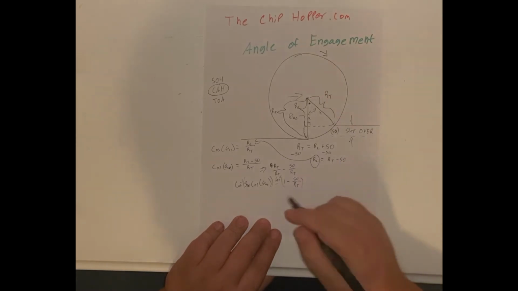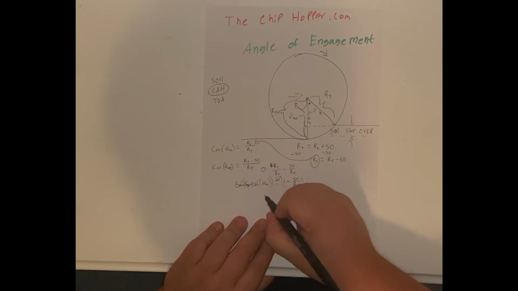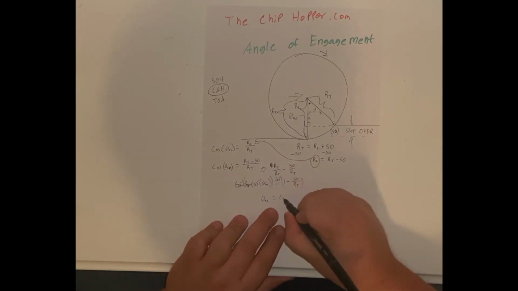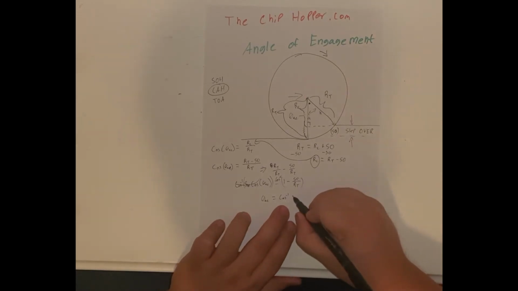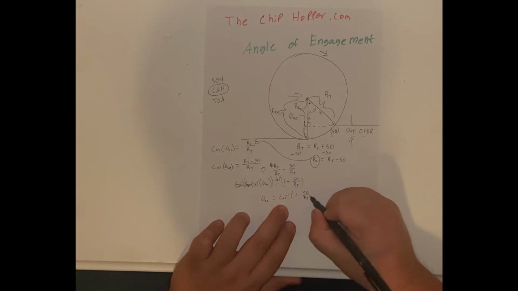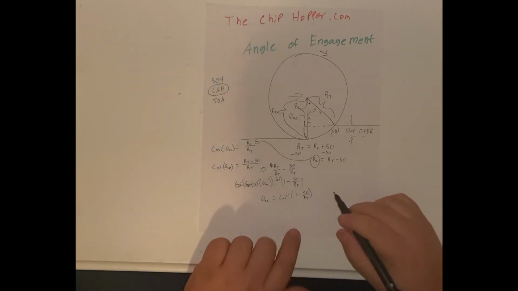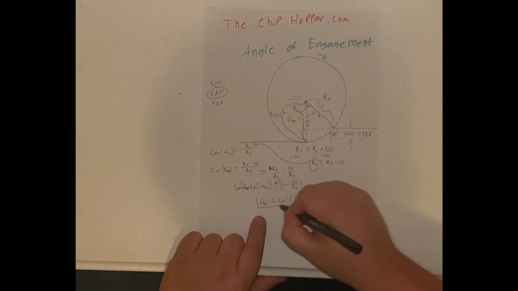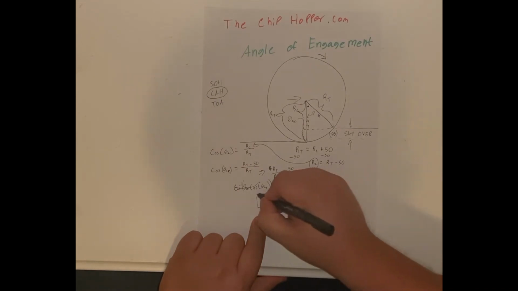That takes us to theta AE, and you get cosine inverse of 1 minus SO over RT for our relationship for the angle of engagement of a tool.